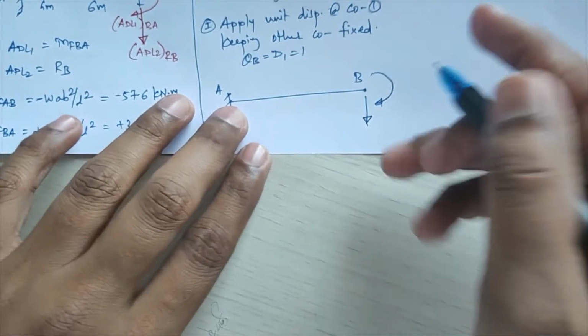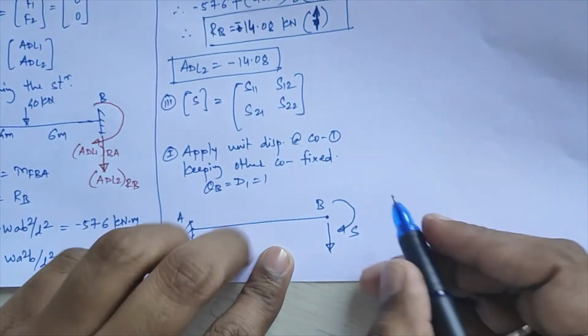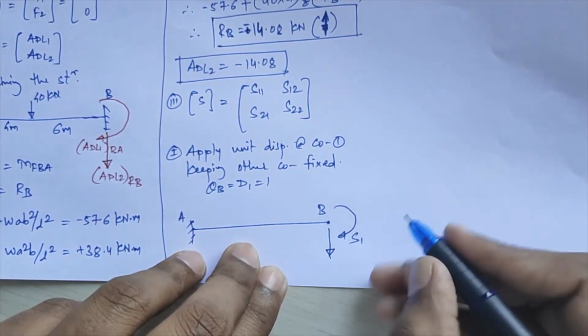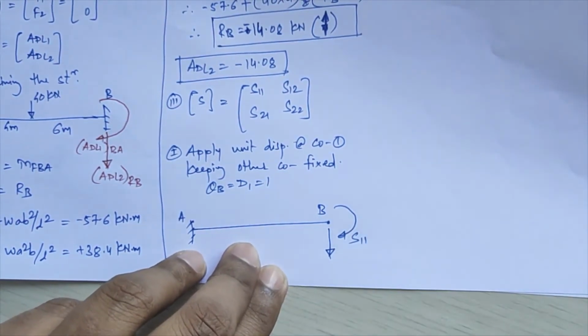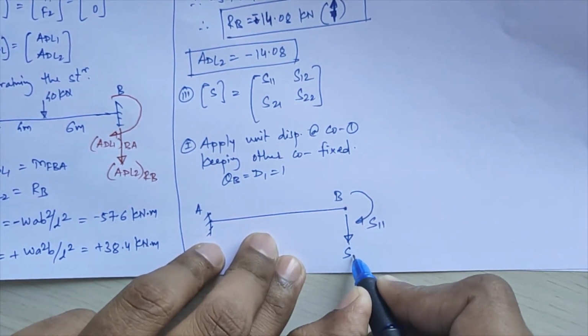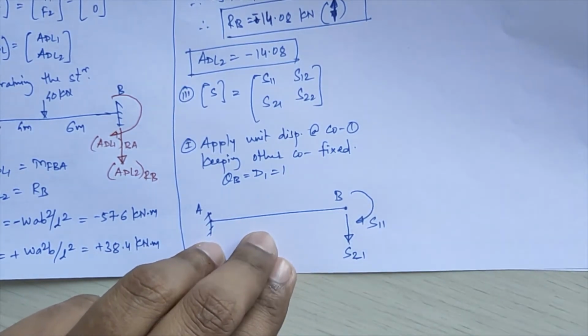Okay, so this will be having S of, that is for a moment, S of stiffness at your first coordinate B when unit displacement is applied for your first coordinate itself, and this will become stiffness you are calculating at second coordinate when unit displacement is applied at your first coordinate.